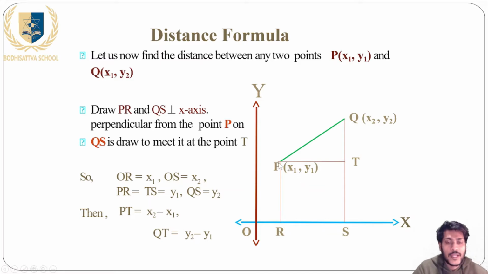But for that we need PT, which is equal to RS. For finding RS, we know OR is x1, as you can see here, and OS is x2, so RS will be x2 minus x1.